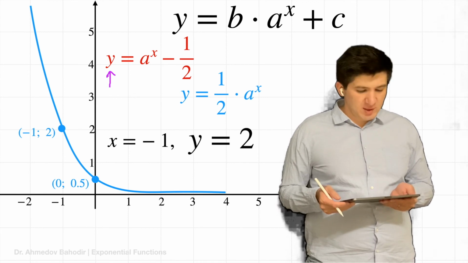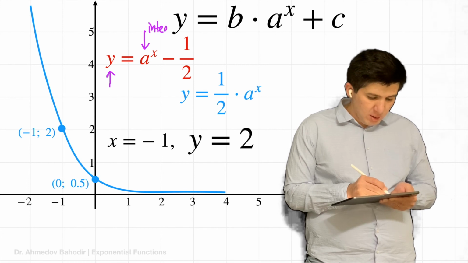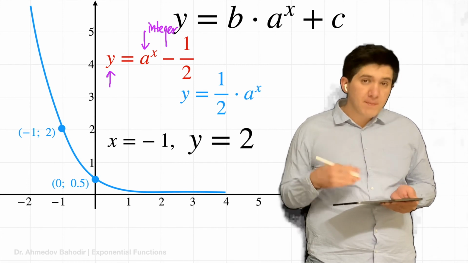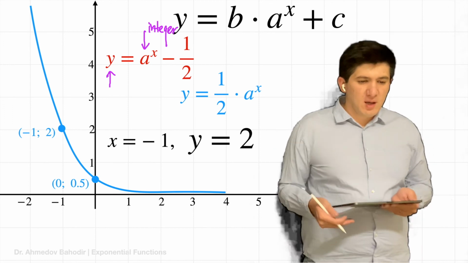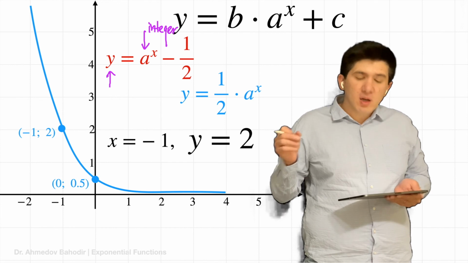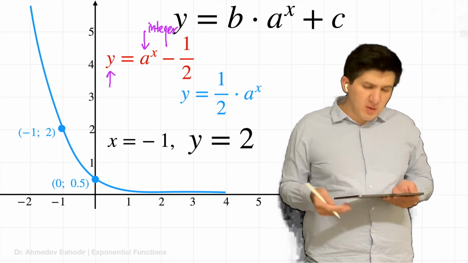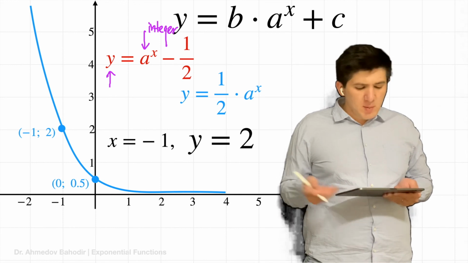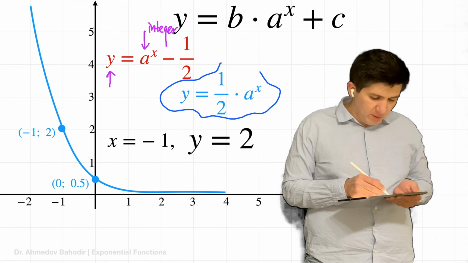We're going to get some integer, and then we always need to subtract 1 over 2 from this integer. So most probably our curve is in this form.